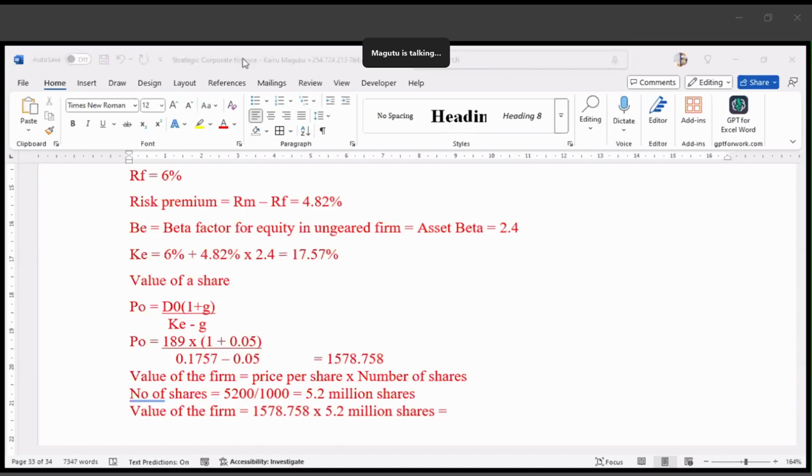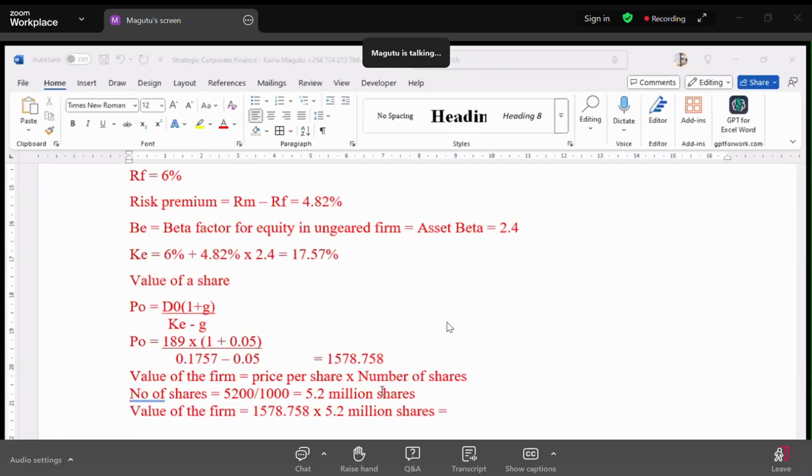Maybe someone can give us, we see how much it will be. Let me see what you people are saying. Value of the firm is 8209.5. Value of the firm 8209 point. Yeah, I think I can pick this.